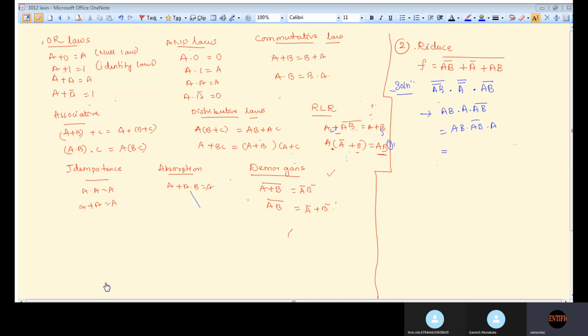Yes, exactly. The answer is 0. Okay, 0 is the answer. Why? Because AB bar into AB bar complement will be equal to 0. Okay, so now let's see one more.